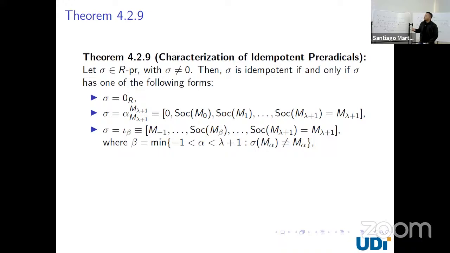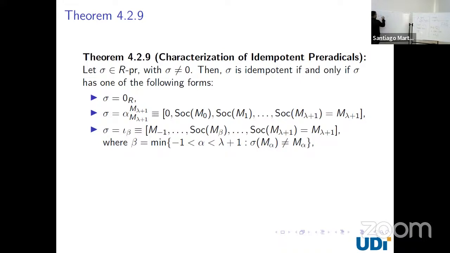We define this iota beta like this, and we can see how iota beta works. In the linear order, after we represent the models, if we take the linear order until m beta, it's going to be fixed.